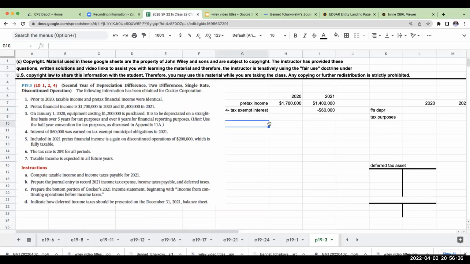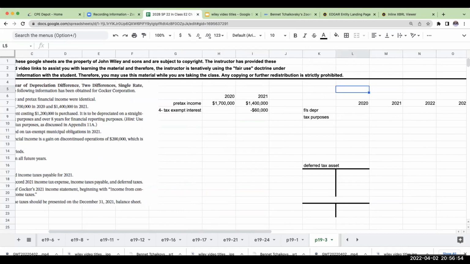Now let's get to the fun part, which is going to be the depreciation. On January 1st, equipment costing 1.2 million is purchased. It is to be depreciated on a straight line basis over 5 years for tax and 8 years for financial reporting. Let's do the financial reporting first.